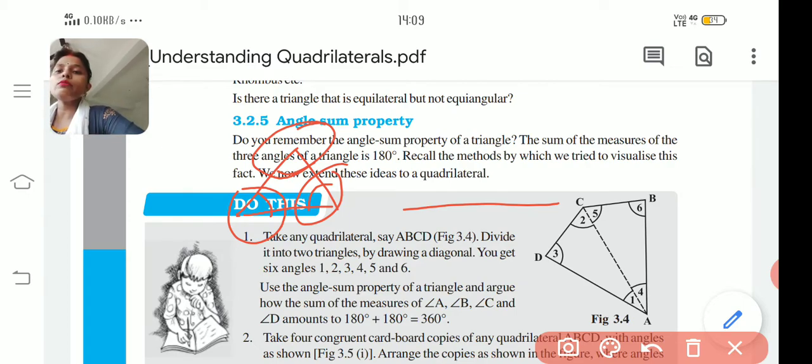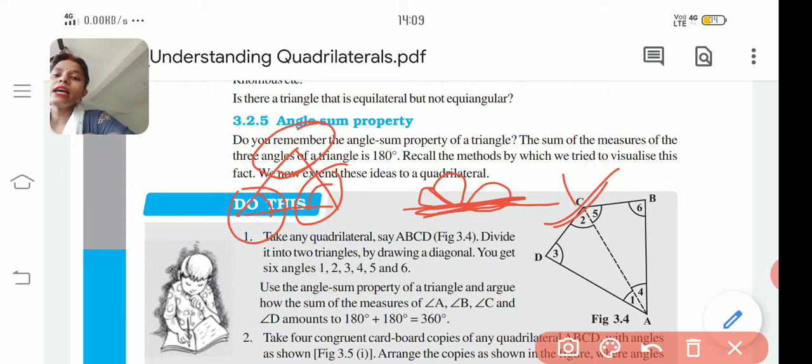When we put them together, they came on a single line. Single line means this line is a straight angle of 180 degrees.